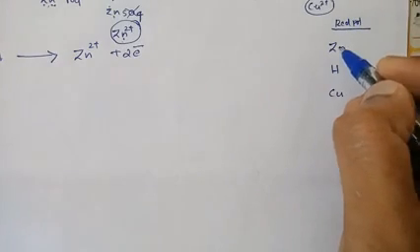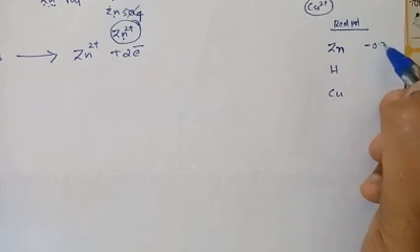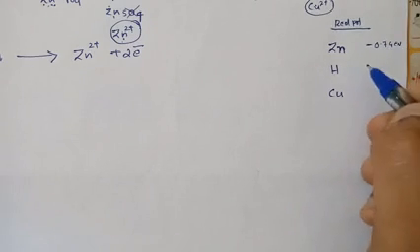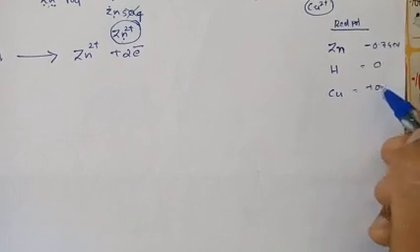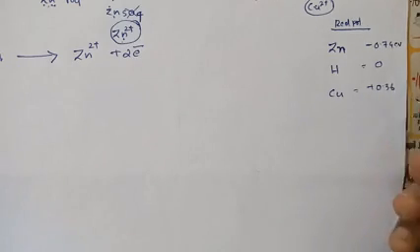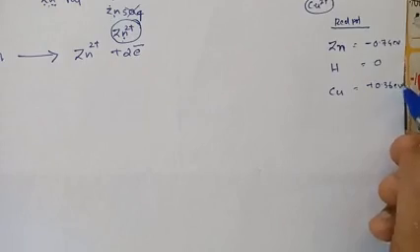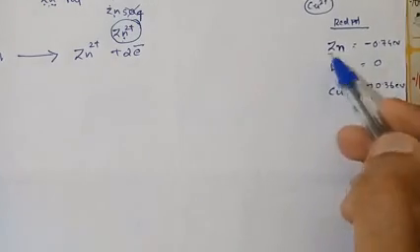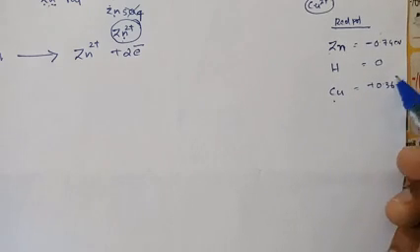Here the reduction potential of zinc is minus 0.74 electron volt. For hydrogen it is 0. For copper it is 0.36 electron volt.